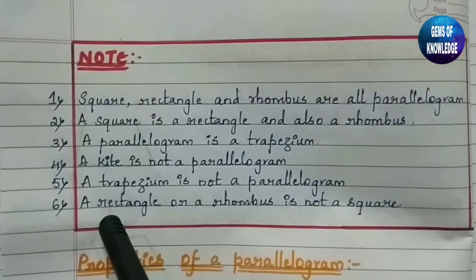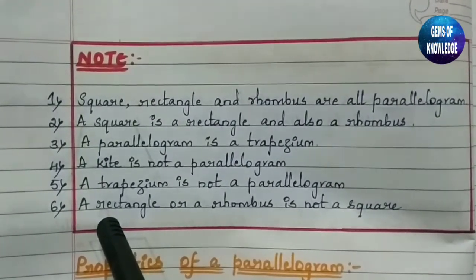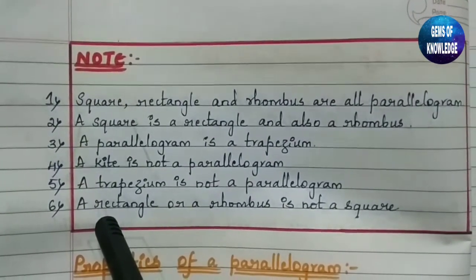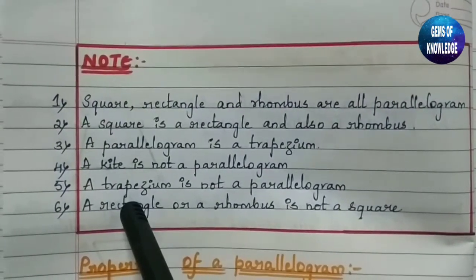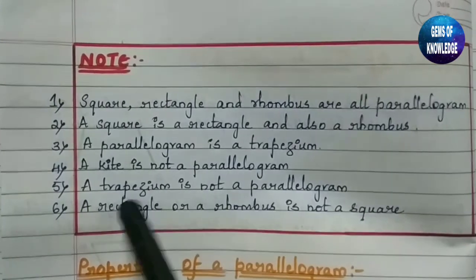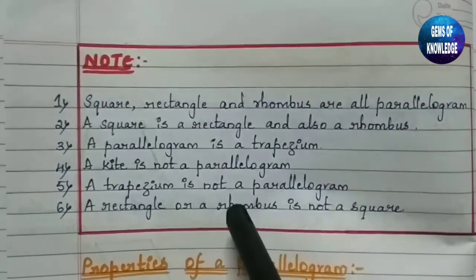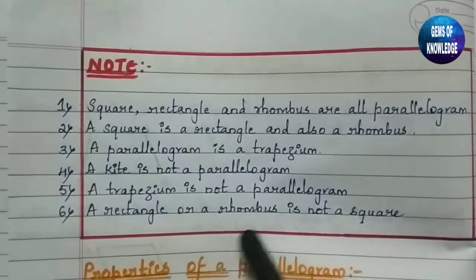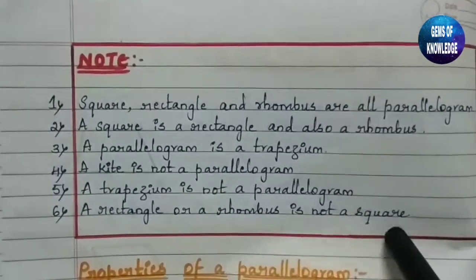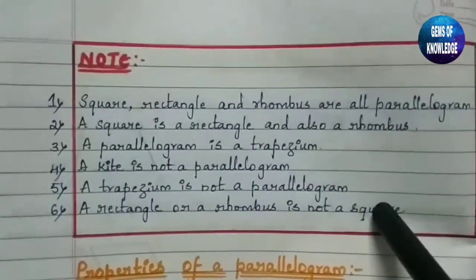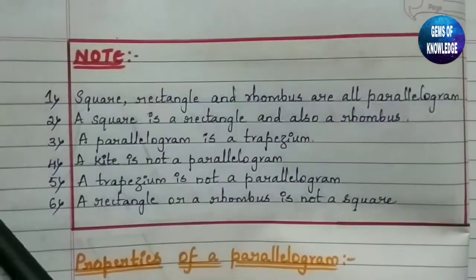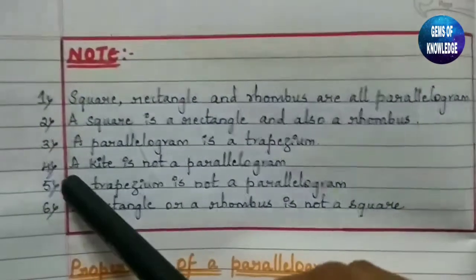A rectangle cannot be a square because in square we need all four sides to be equal, but in rectangle we will not get all four sides equal. In rhombus we will get all four sides equal, but we will not get all the angles equal. For square what we need? All the sides must be equal, and all the angles must also be equal. Okay.